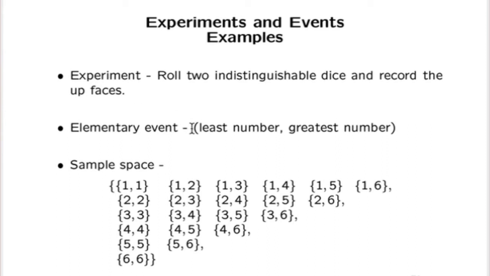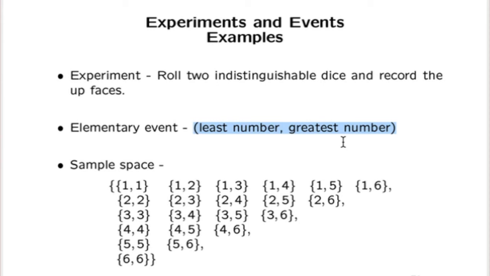But we can think about what is the larger of the 2 dice and what is the smaller of the 2 dice. And so an elementary event for this experiment is again going to be an ordered pair where the first component of that ordered pair is the least number, and the second component is the greatest number.